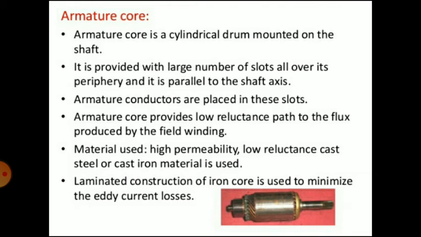The armature core provides a low reluctance path to the flux produced by the field winding. So the material used should have high permeability. Cast steel or cast iron is used. Laminated construction of the iron core is used to minimize the eddy current losses.